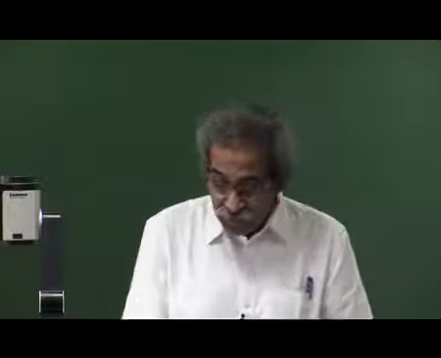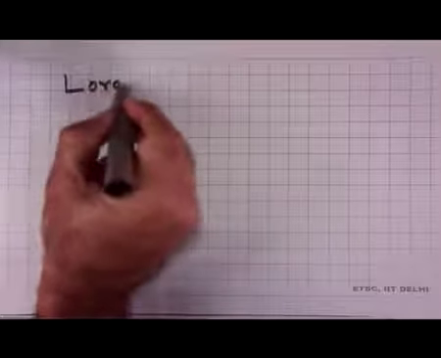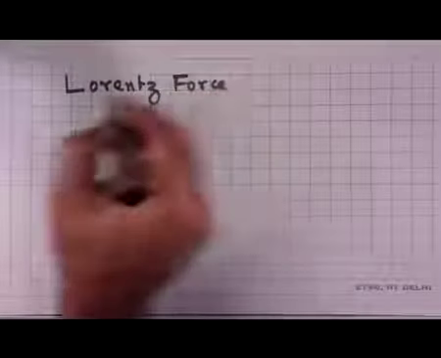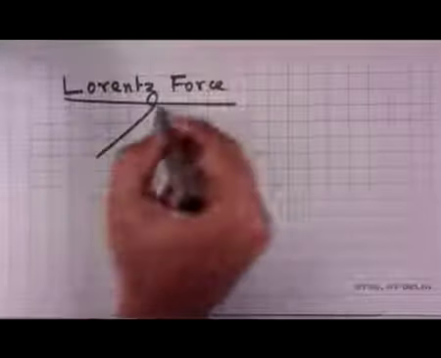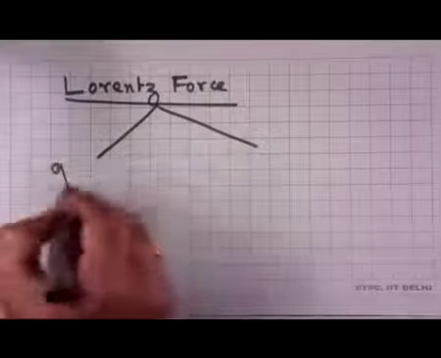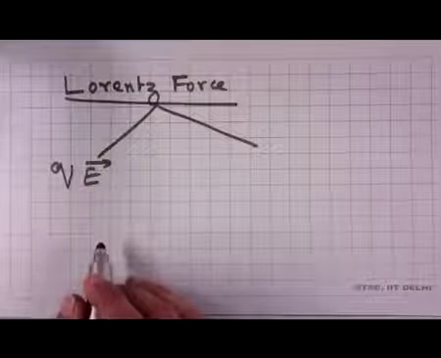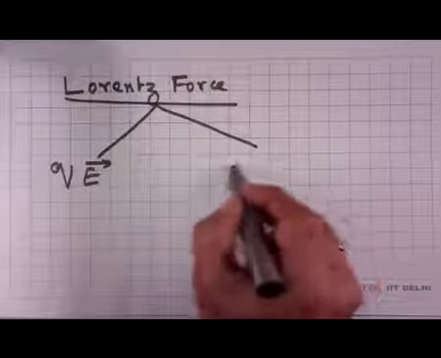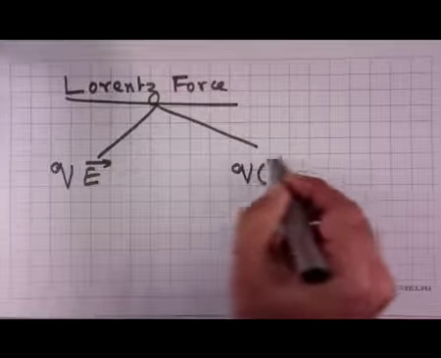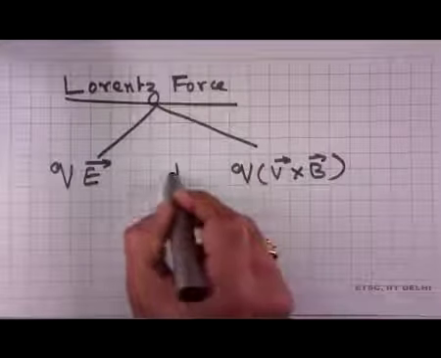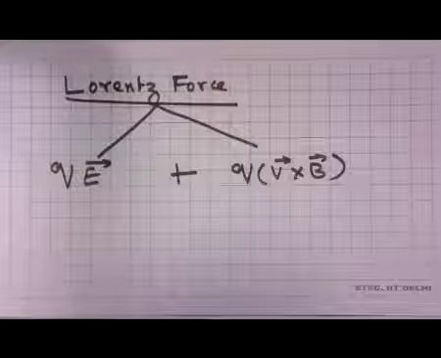All of you are familiar with the Lorentz force. So what is Lorentz force? Let me write that. Lorentz force has two components. The first one is the force due to the electric field. The second one is the force due to the magnetic field. Combine them together, this is called the Lorentz force.